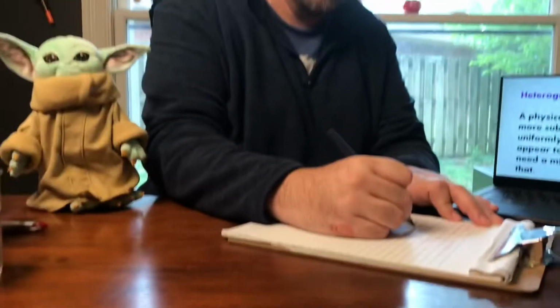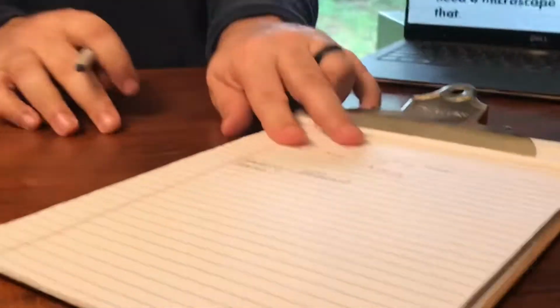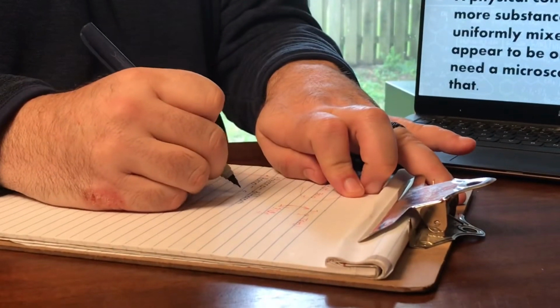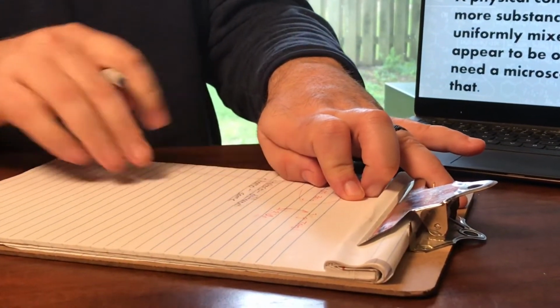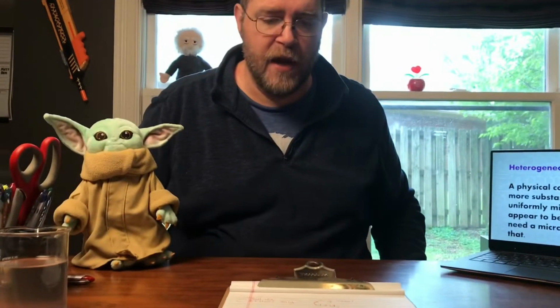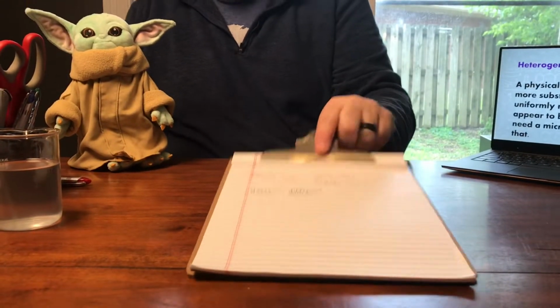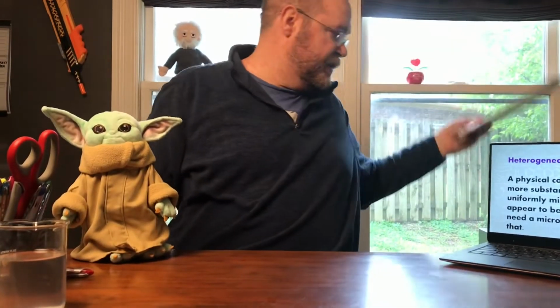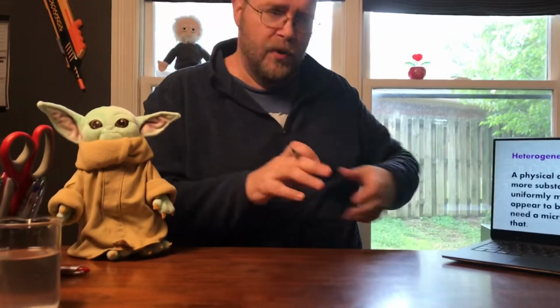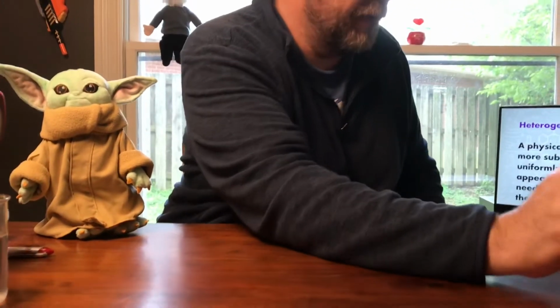Hetero means different, and homo means the same. So that's an easier way for you, because you guys already know these prefixes. This would be an easy way for you to figure out what some of these more visual things actually are. So let's get back to heterogeneous mixture.